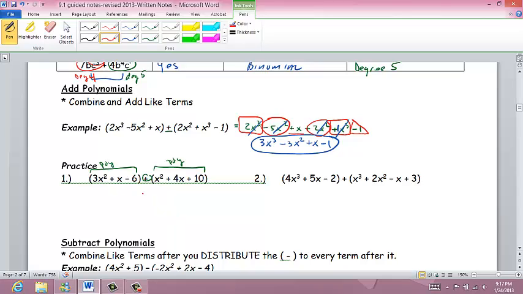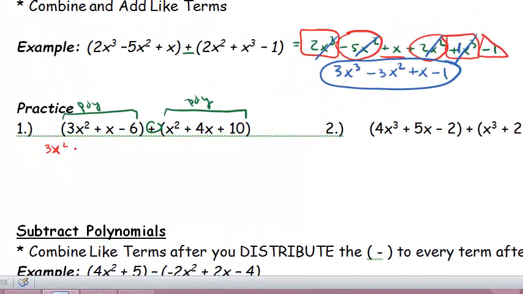So, looking at the two practice problems, the first one, since we are adding the two polynomials, we will go ahead and basically drop the parentheses. And when we do that, minus 6 plus x squared plus 4x plus 10, and then I go ahead and combine like terms. 3x squared plus x squared gives me 4x squared.